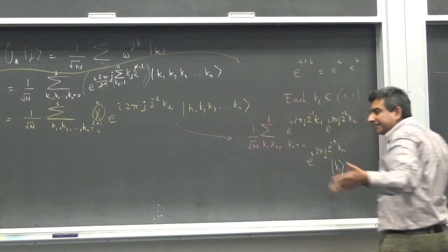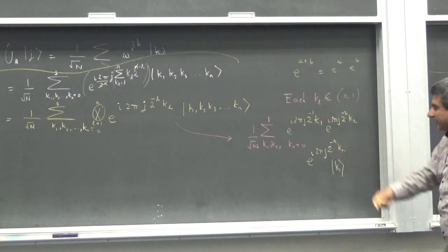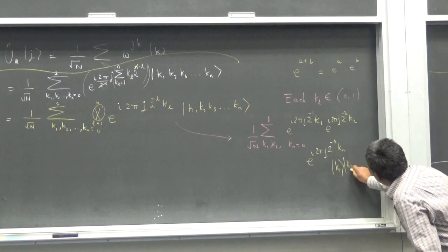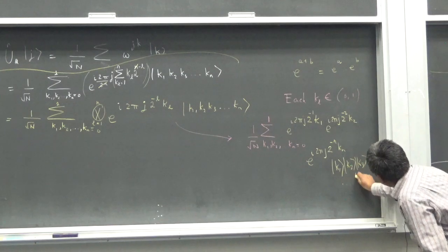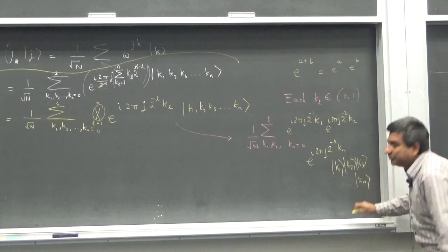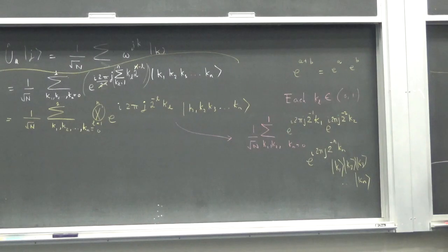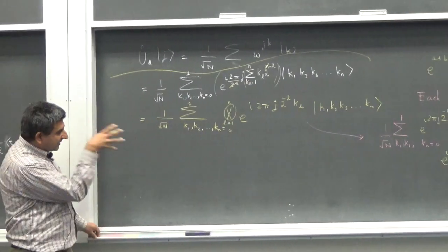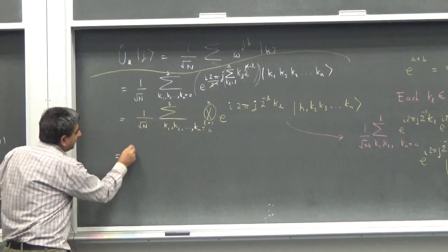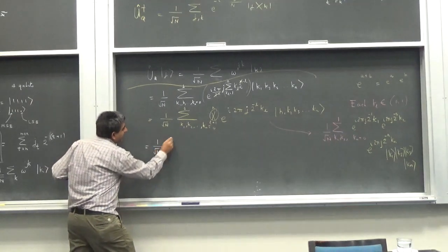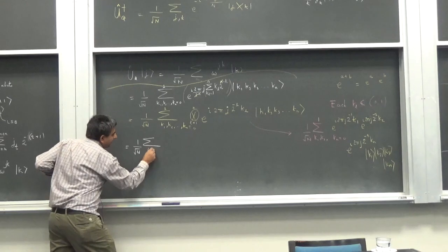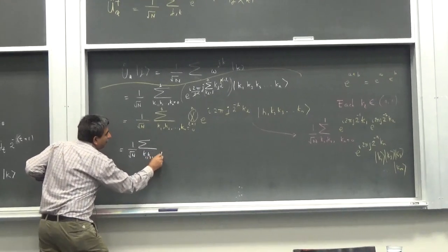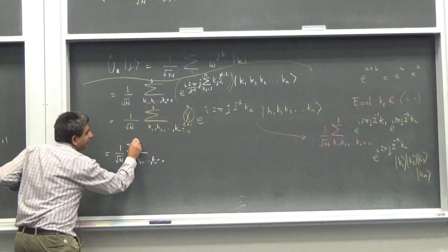I'm going to write this as a tensor product on all the n qubits, k1, k2, k3, kn, right? I can do that, can't I? I always do that. Now when this happens, so armed with this concept, I could write this in the following form: 1 over under root n. Each one of your k's could be 0 or 1.